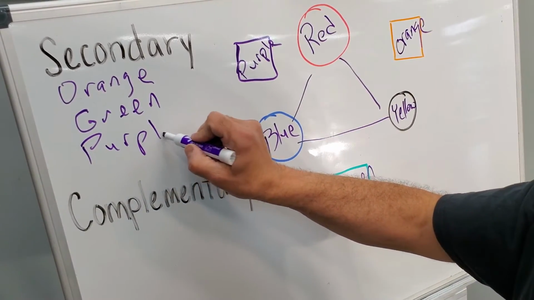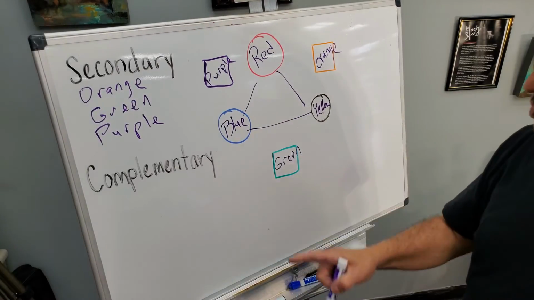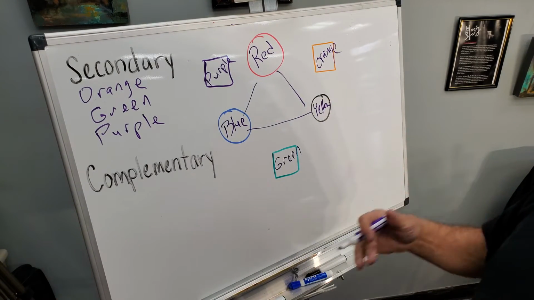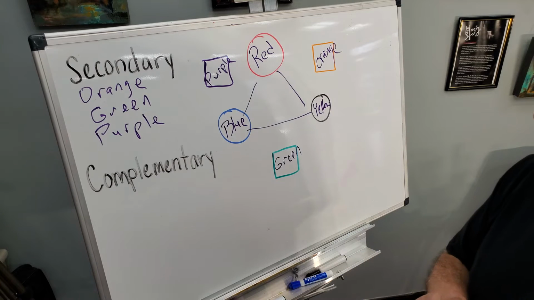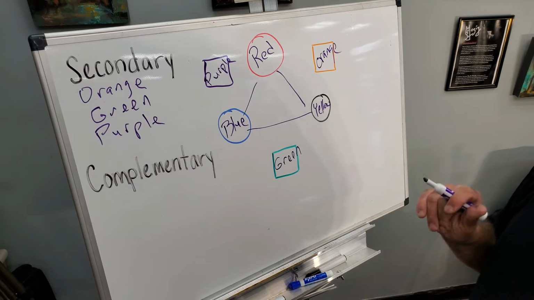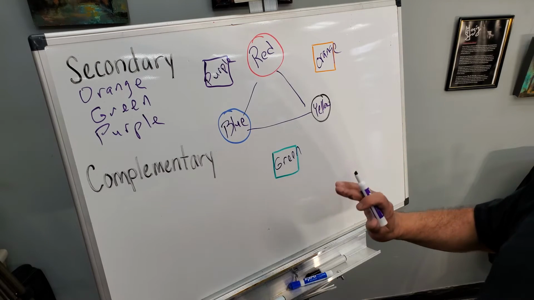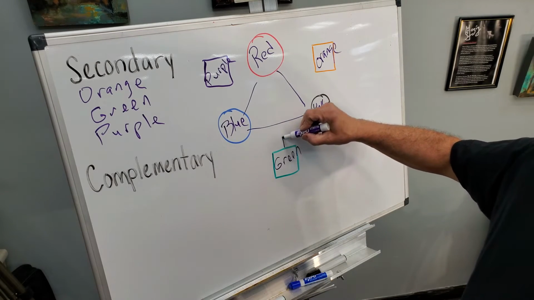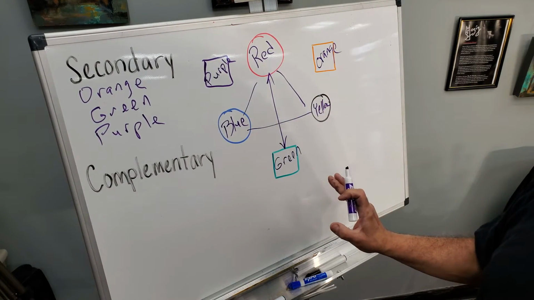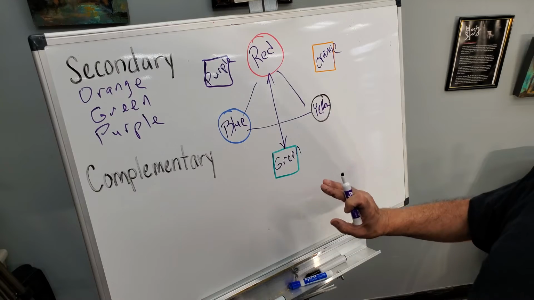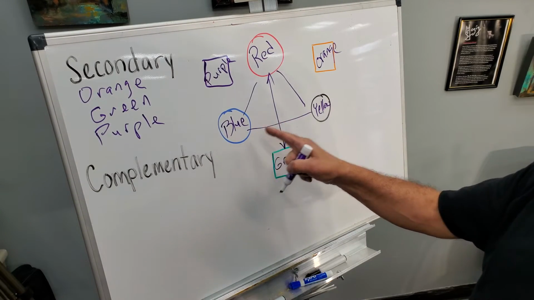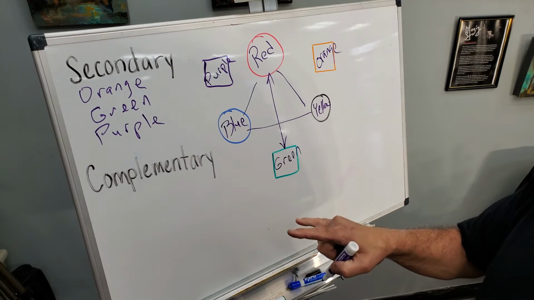Now, complementary means that a set of colors are complements to each other, but there is a reason why they're complementary towards each other. For example, green and red would be complementary because the way you make green is with blue and yellow, which are primaries.